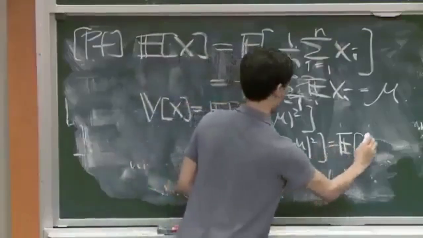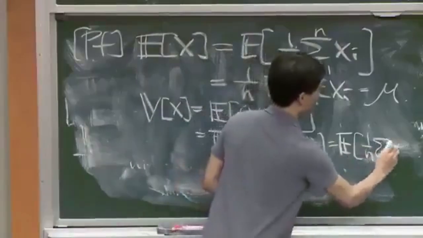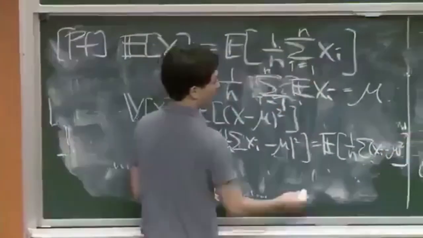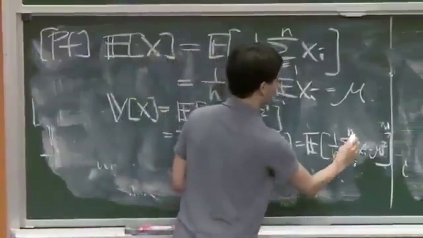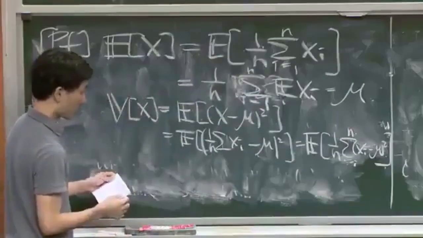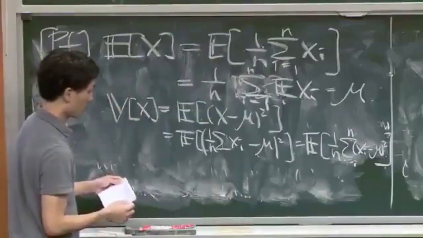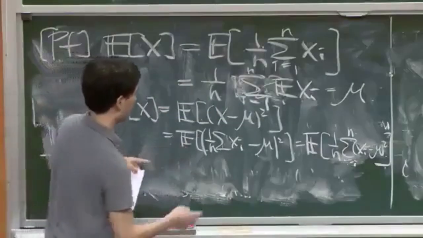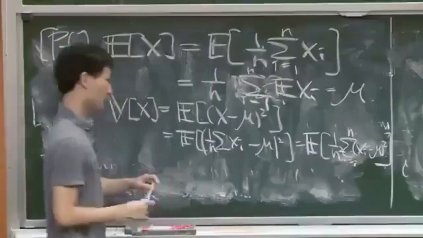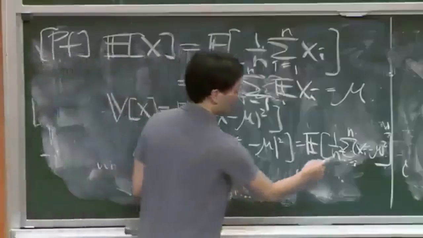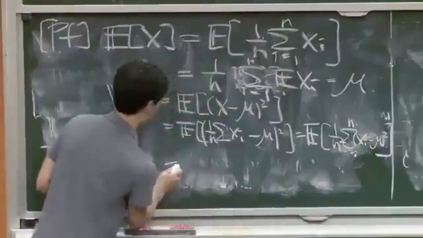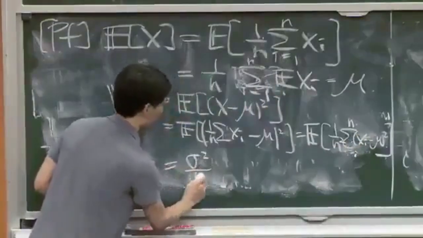That's the expectation of 1 over n times the sum of xi minus mu, squared, with i from 1 to n. Okay. What did I do wrong here? 1 over n is inside the square, so if you take it out, it's 1 over n squared. And then you're summing n terms of sigma squared, so that is equal to sigma squared over n.